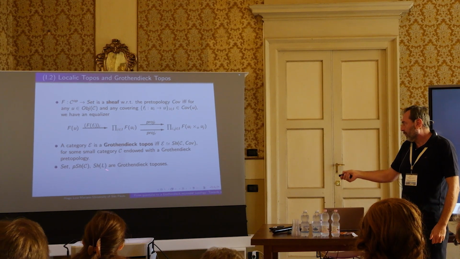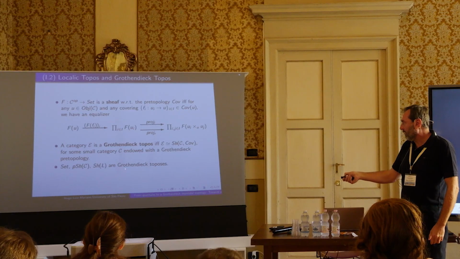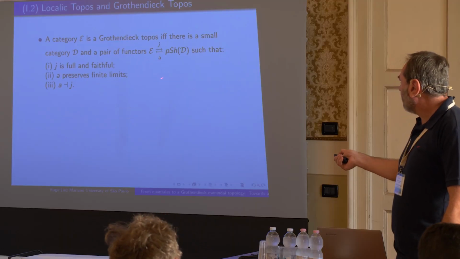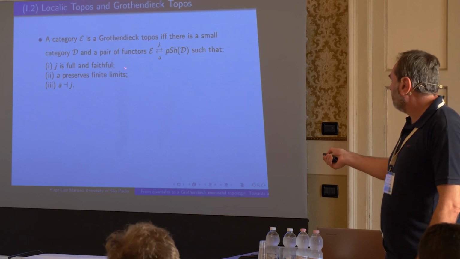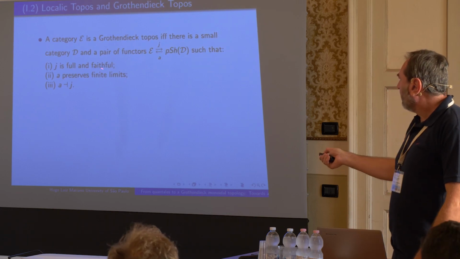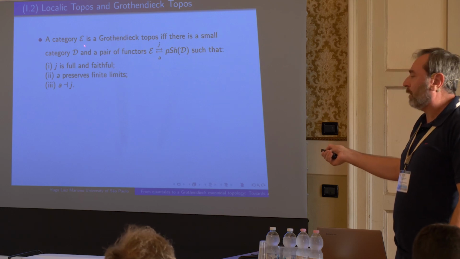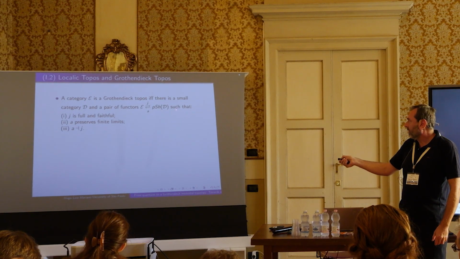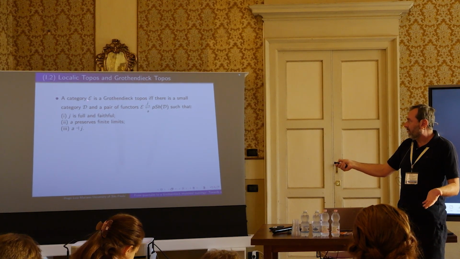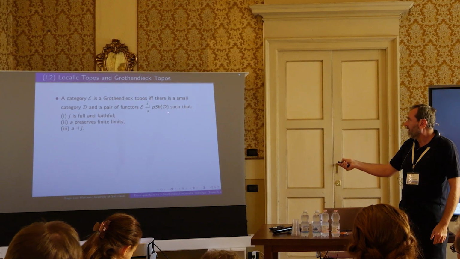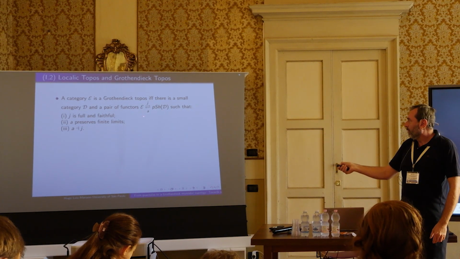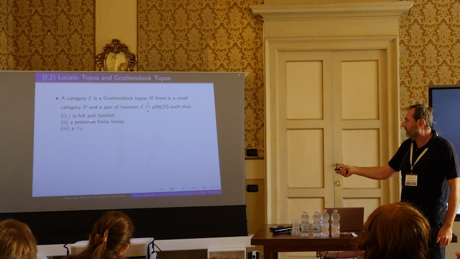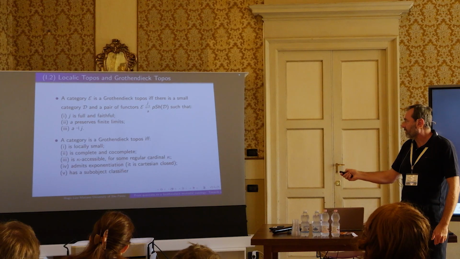And there are many natural examples of Grothendieck toposes that can be characterized in many different forms. For instance, a category is a Grothendieck topos if there is an adjunction like this related to a category E, that is a presheaf category, where the right adjoint is fully faithful and the left adjoint preserves finite limits.